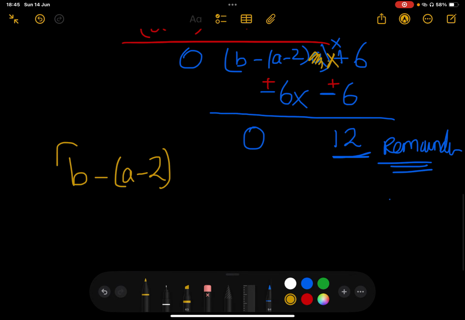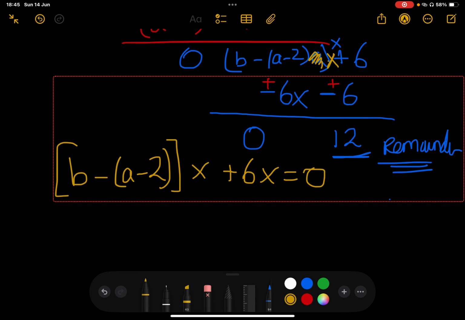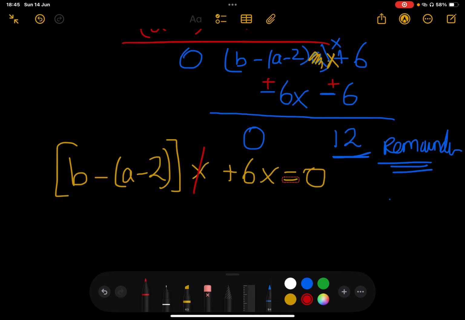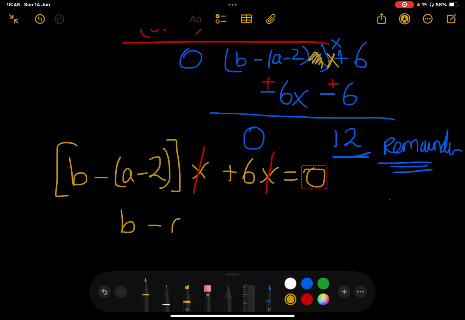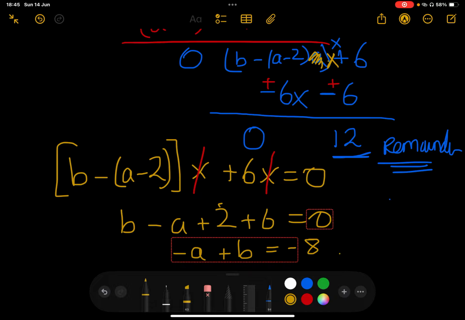Okay, so b minus (a minus 2)x plus 6x should be equal to 0. And we can drop the x's, and we'll get b minus a, minus minus is plus 2, plus 6 equals 0. So we have minus a plus b, 6 and 2 is 8. I'll put it over here, it will be minus 8. Okay, so this is our equation 2.